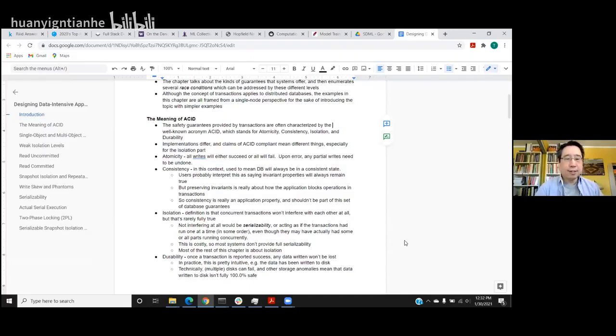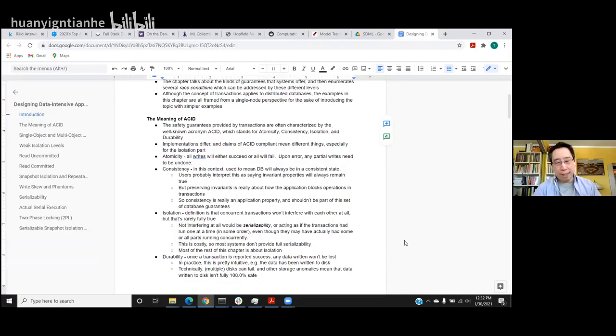It was kind of interesting to see this discussion about consistency. The way the author presented it, he said consistency is really about some properties of your data that you think are invariant. So in accounting, you've got your balance sheet, and things should balance. And there are other kinds of properties that you could have. Basically what he said is that the database doesn't know about these properties. The database can't preserve these properties.